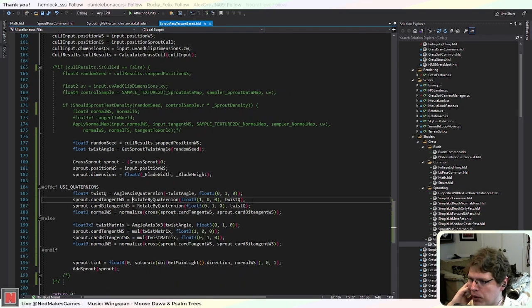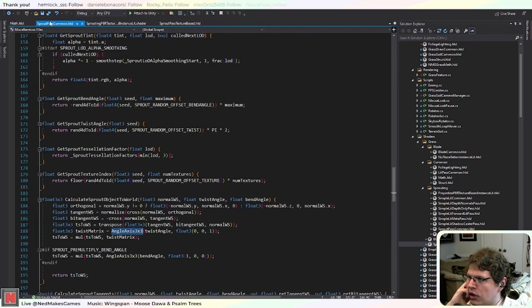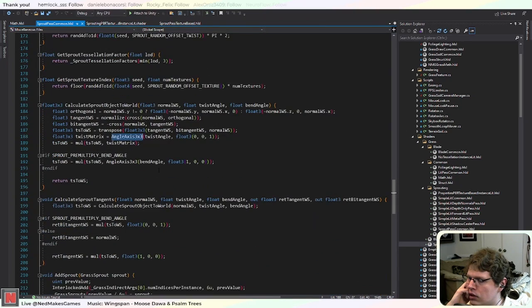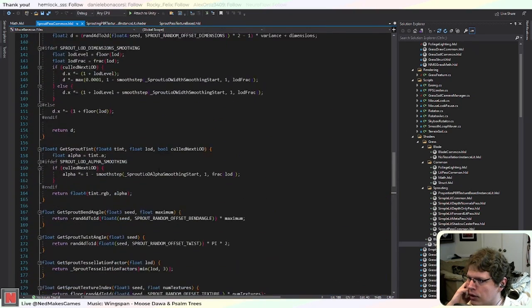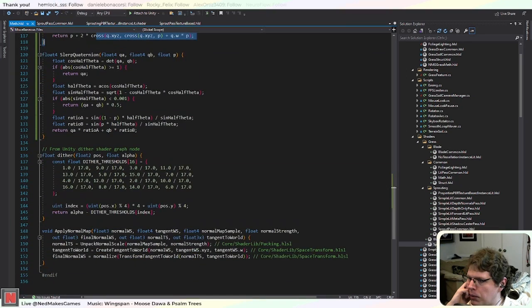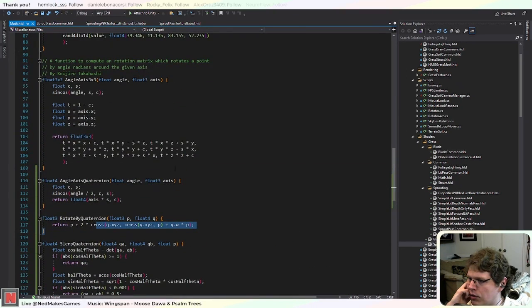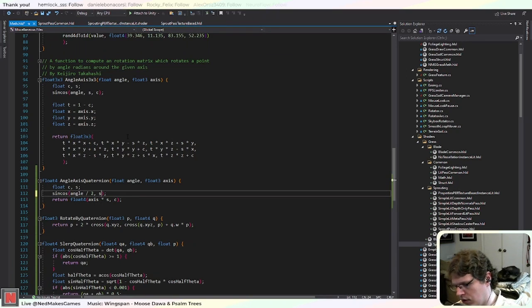I kind of like them to be consistent. I'm trying to think what is weird about it. Maybe one is using left hand and one's using right hand, but it doesn't seem like there's handedness in this. Oh, I'm doing this backwards, so it's sine and then cosine.